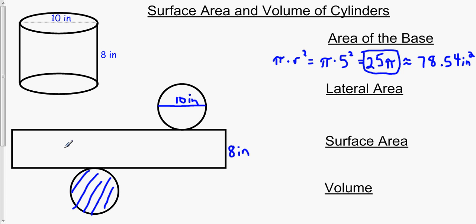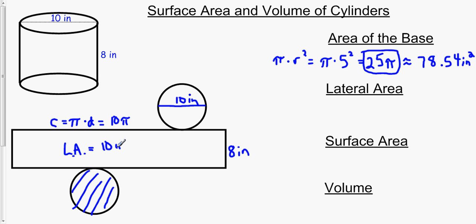The lateral area is this center section. This is called the lateral area. That's that aluminum part of a soda can wrapping around the shape. We know the height of this is 8, and we talked about how the top of this is the circumference. And if you recall, circumference is pi times diameter. The diameter is 10, so the circumference of this is 10 pi. Since we have a rectangle here, we just go base of the rectangle times the height, and that's our lateral area.